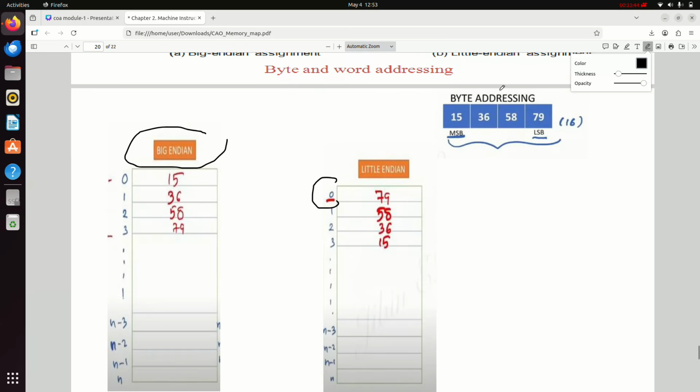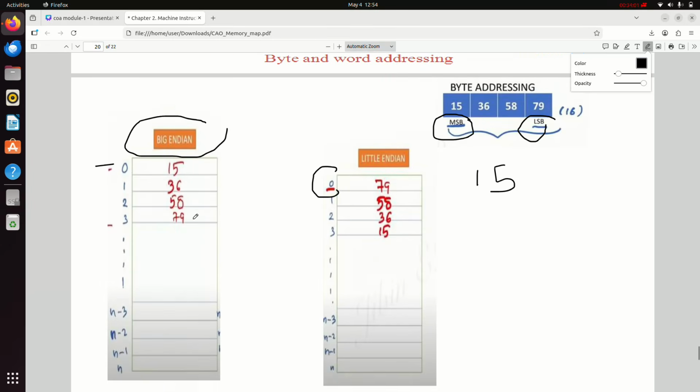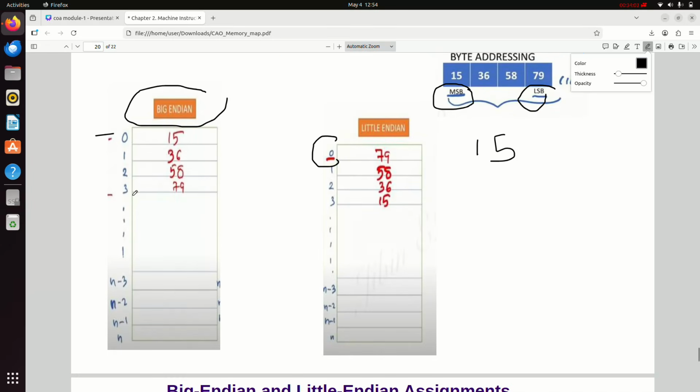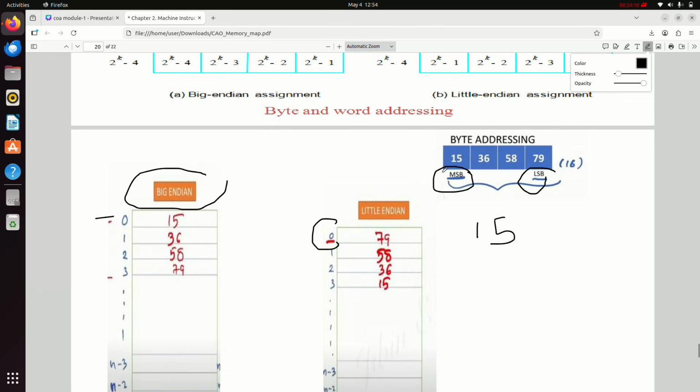So whenever I have byte addressing, let's say 1536, 5879, this side is the most significant byte and this side is the least significant byte. Whenever I am asked to represent in big endian, this is my lowest address, memory address 0, 1, 2, 3, up to n address positions. Now how can I represent this in big endian and little endian?